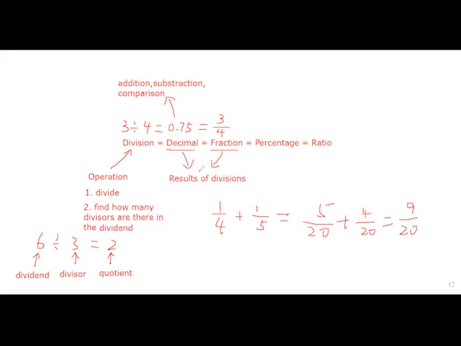But what if we're doing the decimals? What is 1/4? It's 0.25, that's 25 hundredths, right? What is 1/5? That's 0.2, which is 2 tenths. How do we add it? Very, very easy. It's just like normal addition, right?